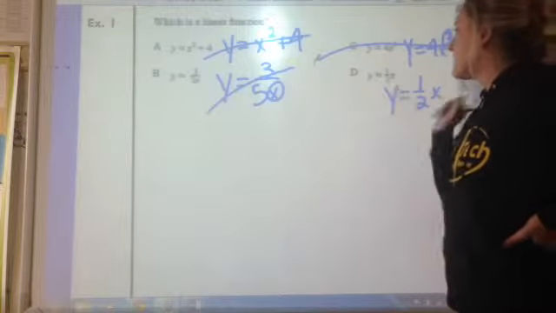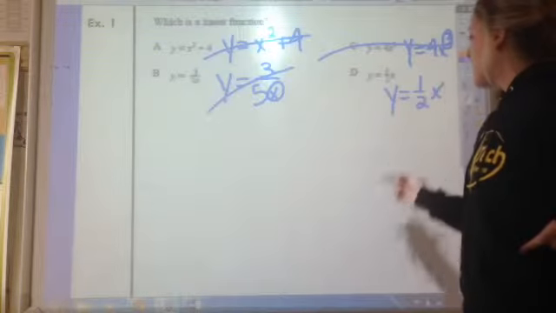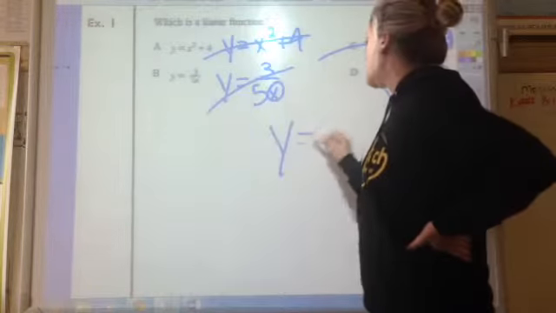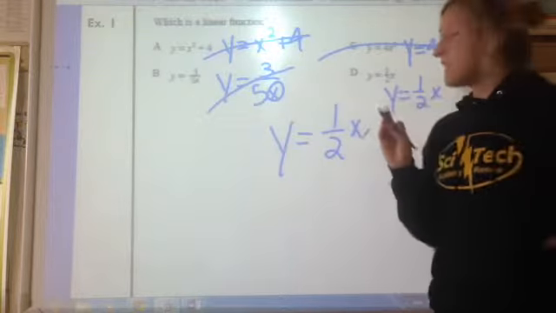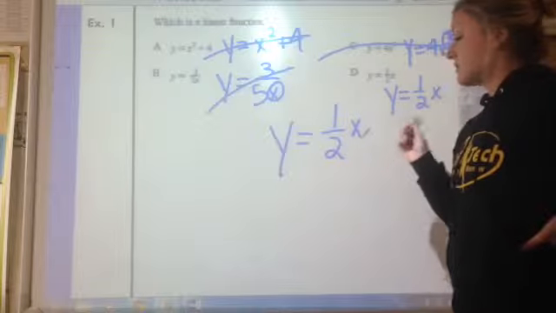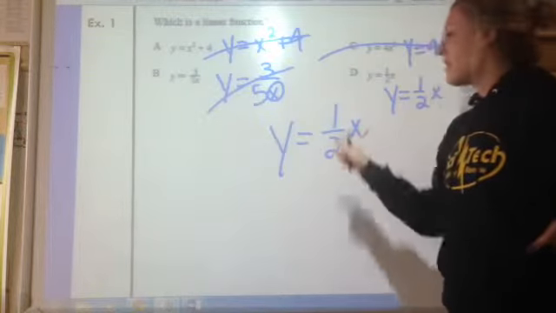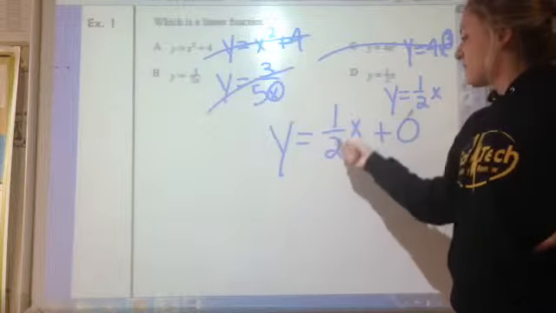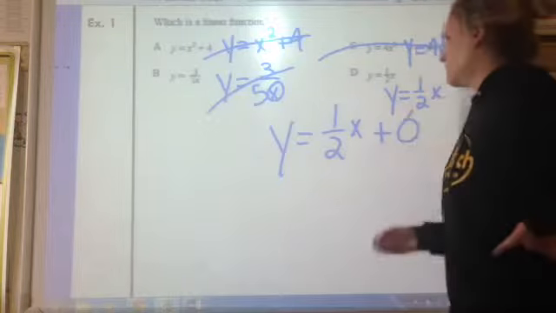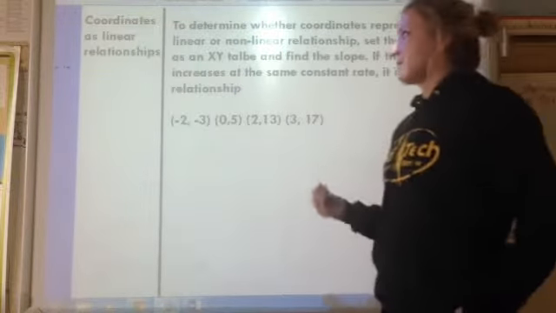That leaves me with my last answer choice, D, y equals 1/2 x. I know that this is linear because there are no exponents in the equation, no variables in the denominator, and this has a starting point of 0, and the line will increase at a constant rate of 1/2. Pretty simple.